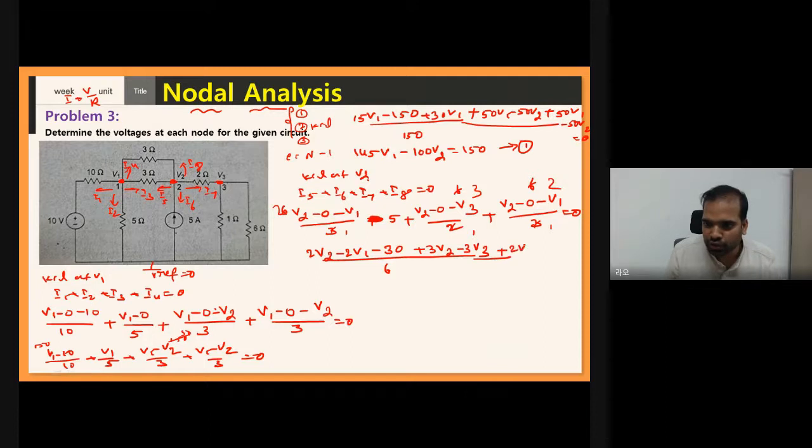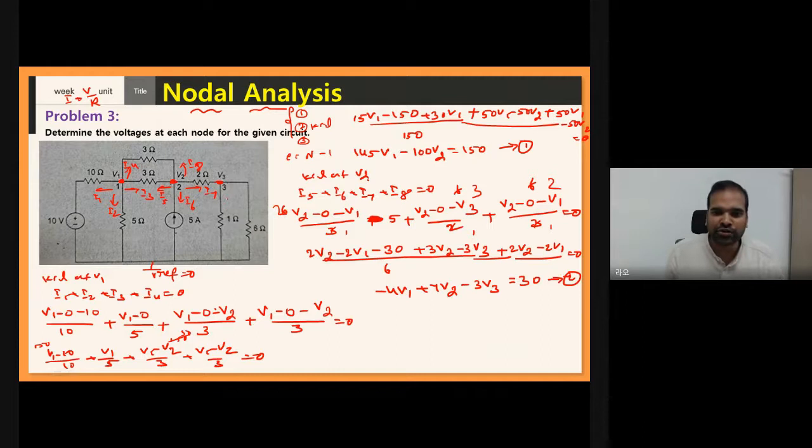Therefore, 2V2 minus 2V1 equal to 0. Now, if you solve this equation, you will get minus 4V1 plus 7V2 minus 3V3 equal to 30. Okay, this is our equation 2.